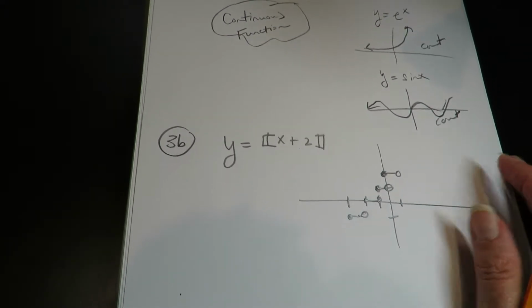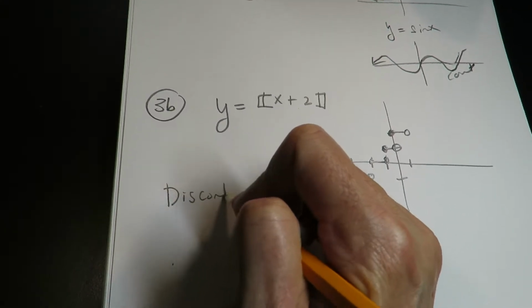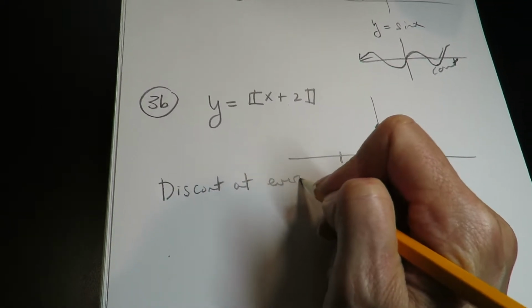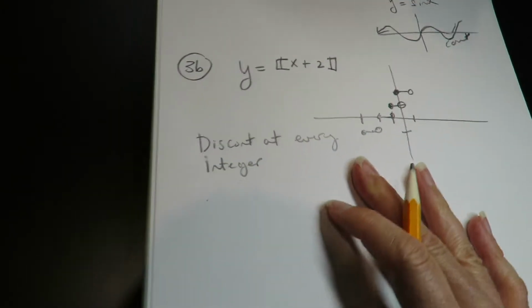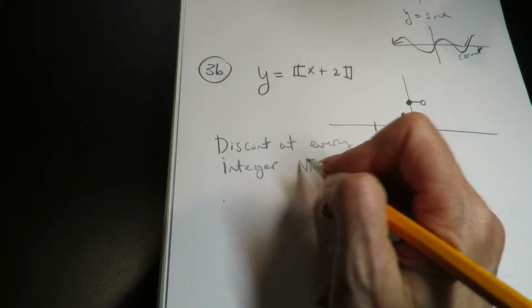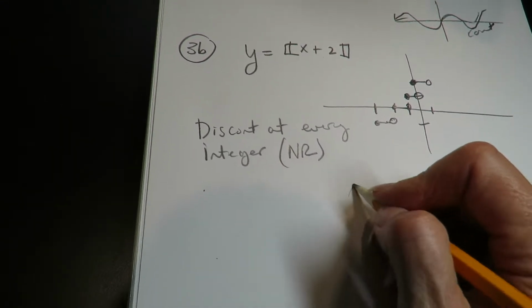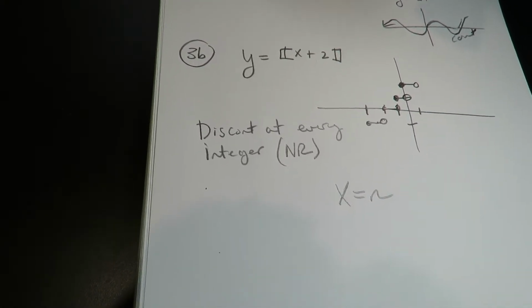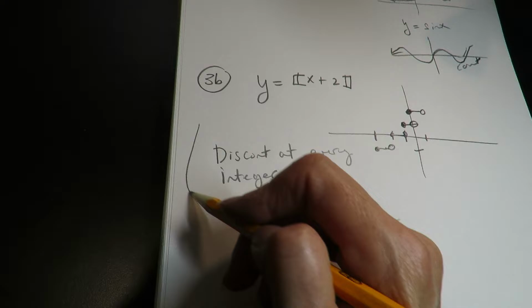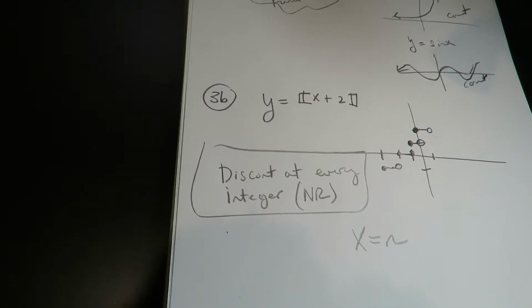Therefore, this one is discontinuous at every integer. And we would say that that's non-removable because that's a gap. Some people say x equals n, where n is an integer. That's where it's discontinuous, but this is fine. So it's discontinuous at every integer.